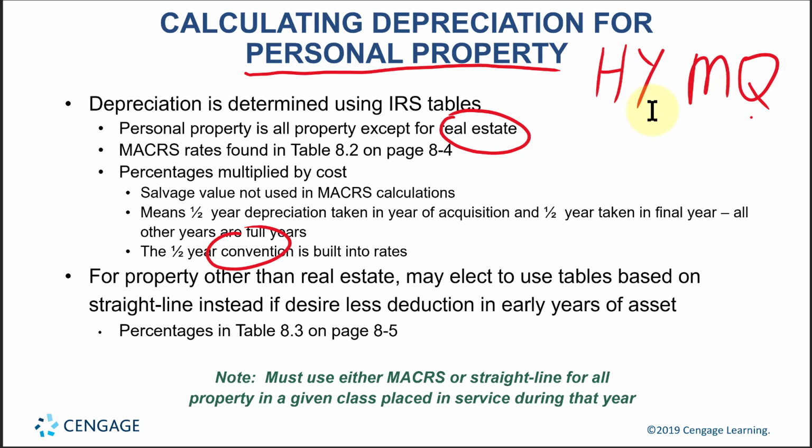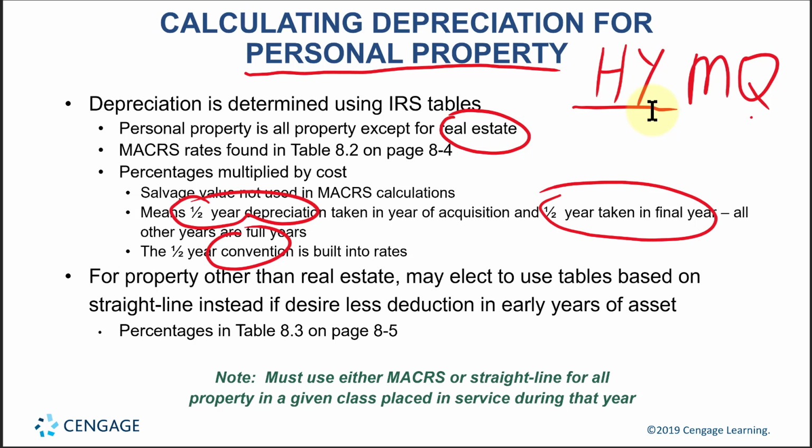And we're going to assume under the half-year convention, which is the general rule, the default of the two conventions here, we're going to take a half year's worth of depreciation in the first year we use the asset in business, and then another half year in the last year you use it in your business.